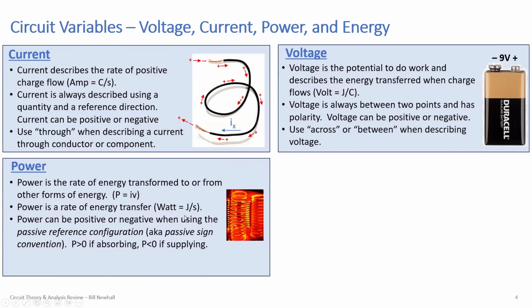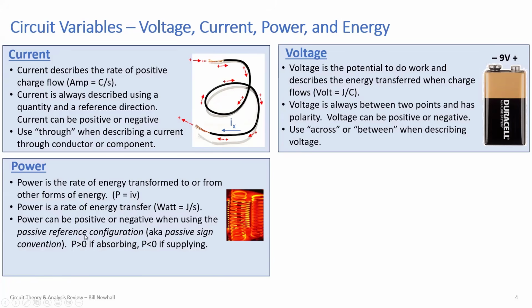If you're using what's called the passive reference configuration, you can click on the review video on power on Canvas if you want to review that. But if you use the reference direction of current pointing into the positive sign of a defined voltage, then multiply those 2 numbers together, voltage times current.